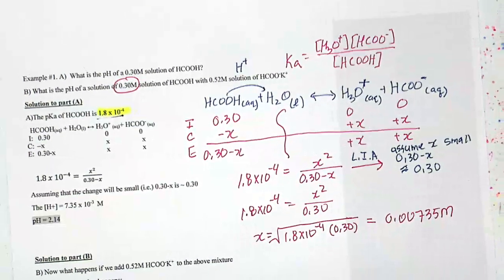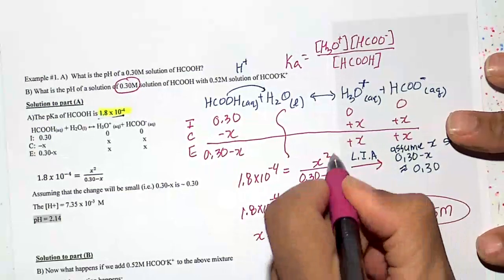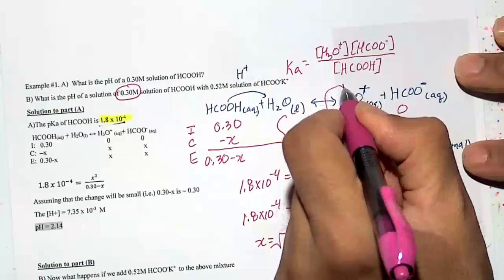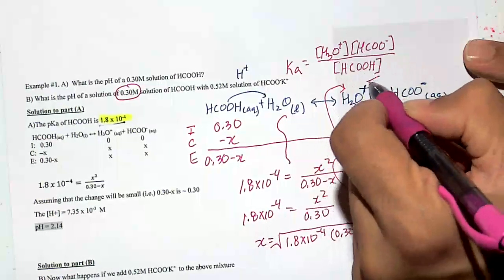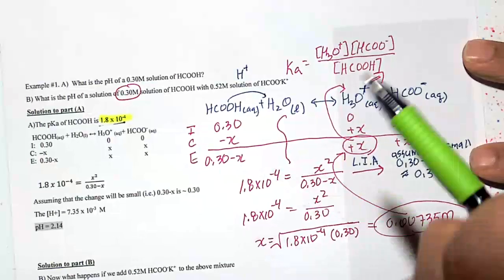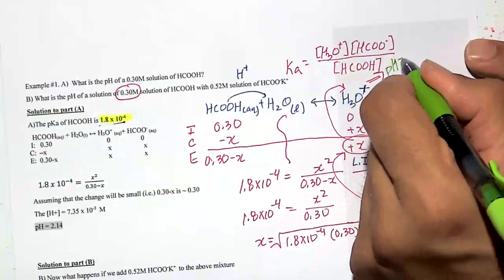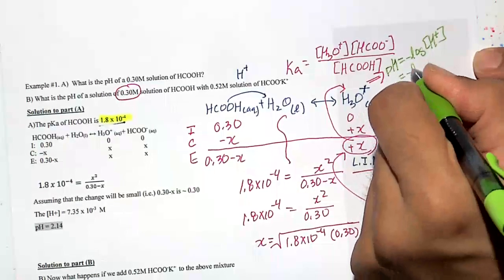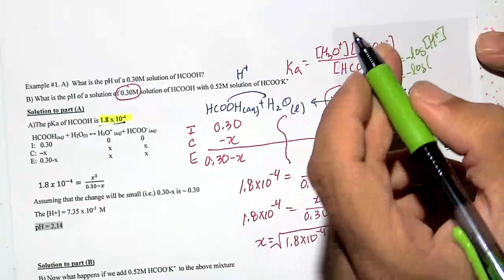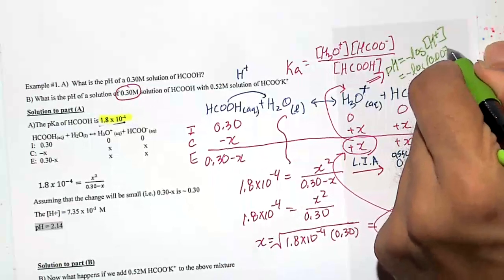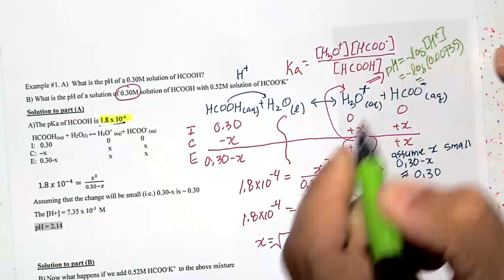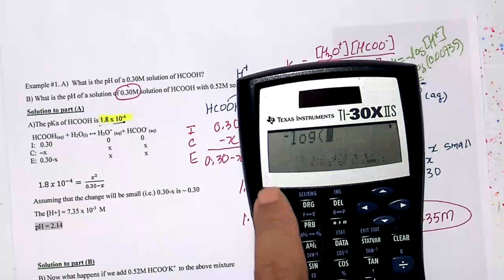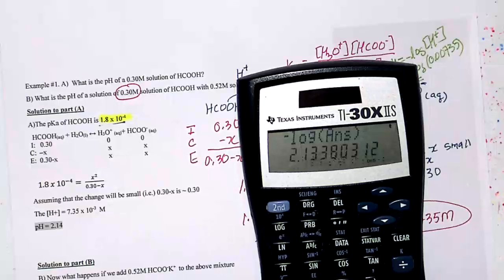That's X, but what does X symbolize? It's this X and this X, and that symbolizes the concentration of H3O plus. And then we have our pH is equal to minus the log of H plus, which is minus the log of 0.00735, and that will be our answer: 2.13.